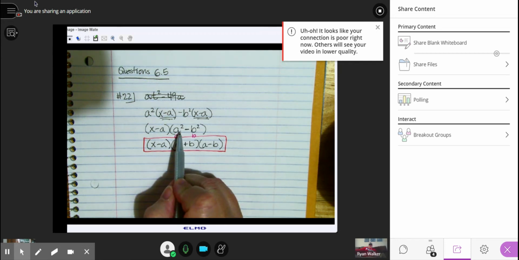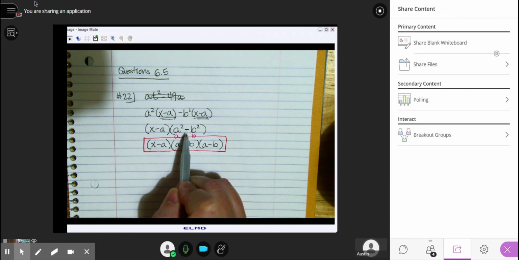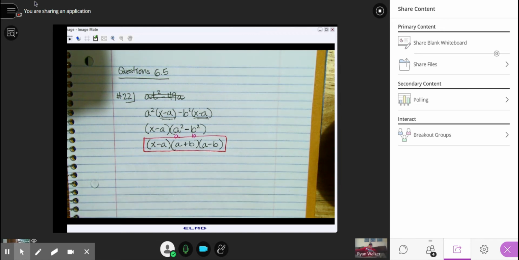But you have to recognize the difference of squares, sum and difference of cubes, and then perfect square trinomials. So there are some patterns that we've talked about that you've got to practice the recognition of, maybe. Okay. Yep, just needed one more step in order to completely factor it.